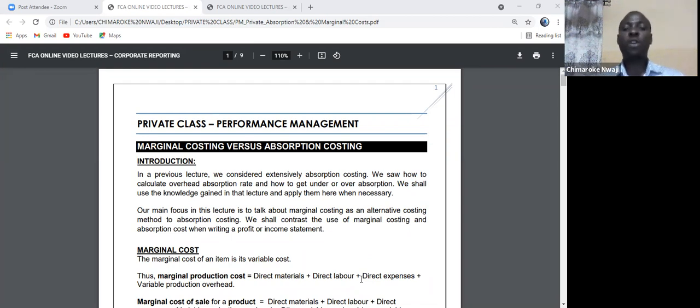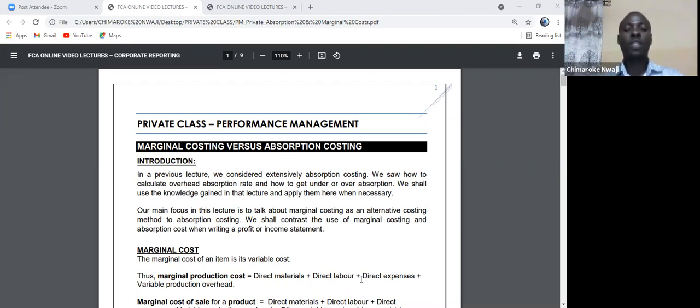The marginal costing method is what the cost accountants or the management accountants use to write budgets, to plan ahead. While the financial accountant is recording historical events using absorption costing, the management accountants write futuristic profit statements, which are budgets, using the marginal costing method.